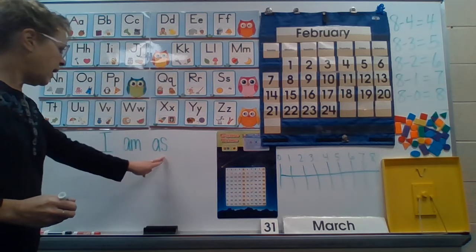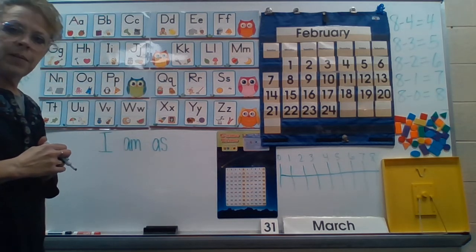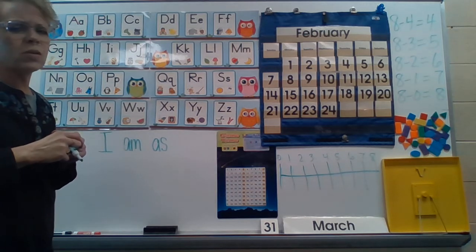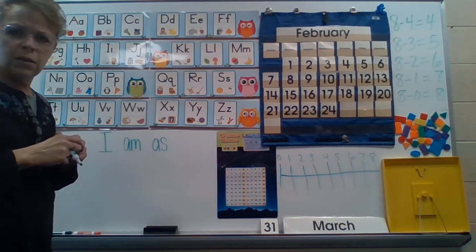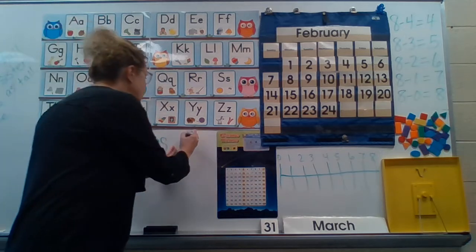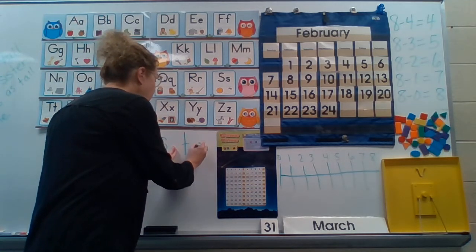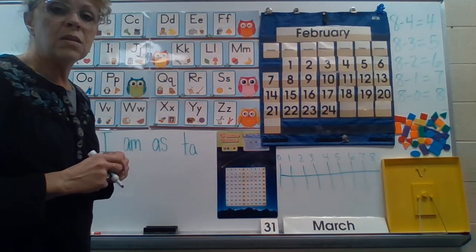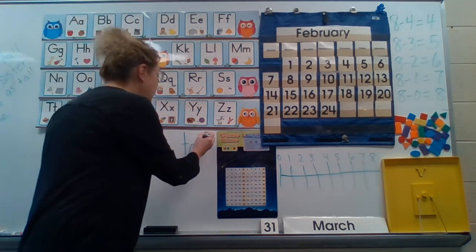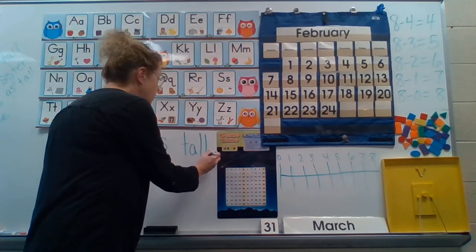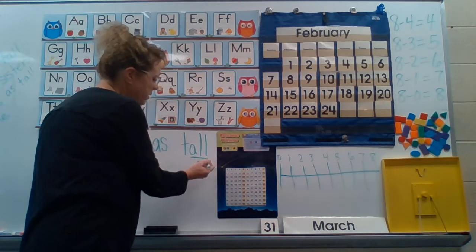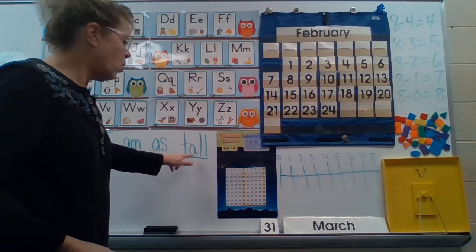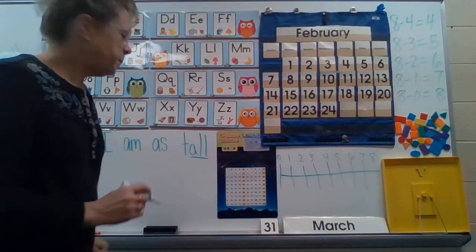I am as. Now tall. What does tall start with? Starts with T. Then there's an A. What do you hear at the end of tall? L. I hear L. And actually it takes 2 L's. A-L-L is a word family actually. Like ball, tall, fall.